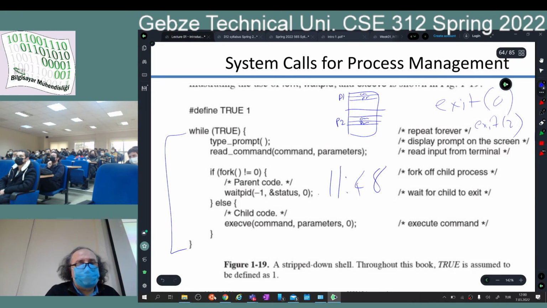The child says, okay, I am the child, I am going to execute this system call named exit. So it changes its code from this shell to exit. An exit program will run. So what does the exit do? It just terminates itself, right? So this one terminated, and the parent says, okay, the child terminated, I am going to the beginning.